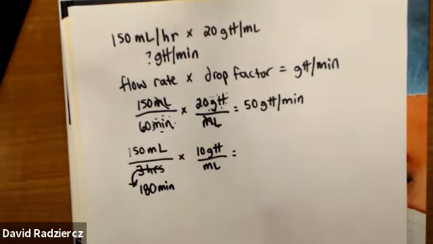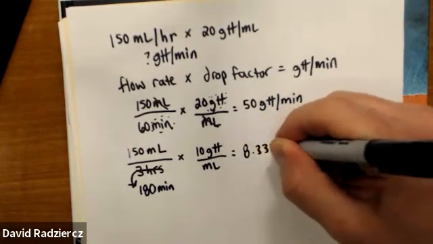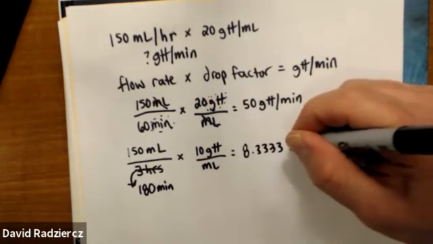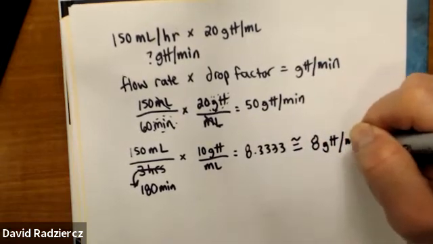Now, these are problems I have not done yet, so I'm working them out for the first time with you as well. So 150 times 10 is 1,500, and then divided by 180, we're actually going to get 8.3333. And if you know anything about drops, you can't give a fraction of a drop or a decimal of a drop. So you're just going to round this to the nearest whole drop. So it would be 8 drops per minute.